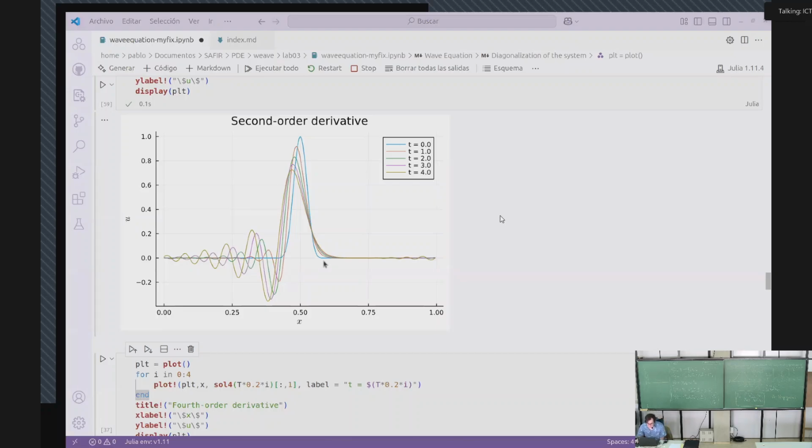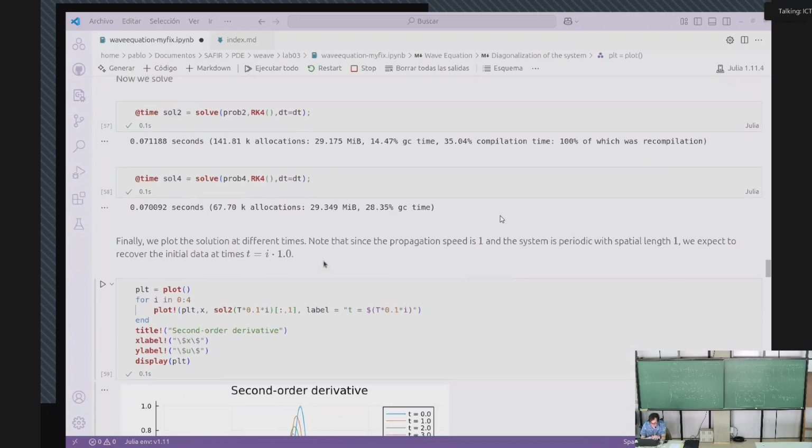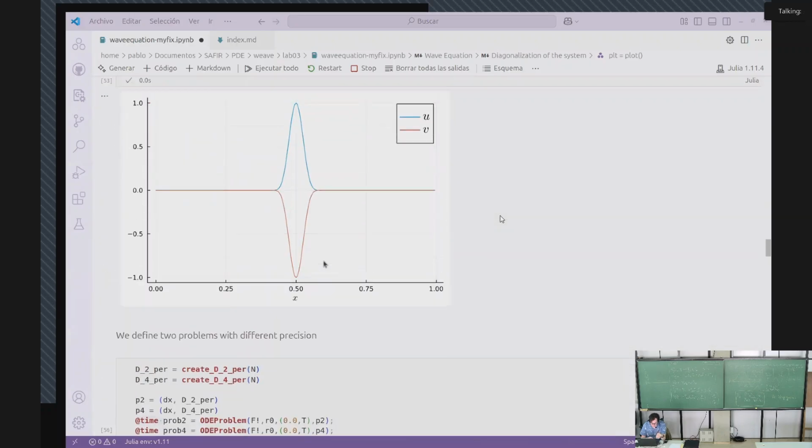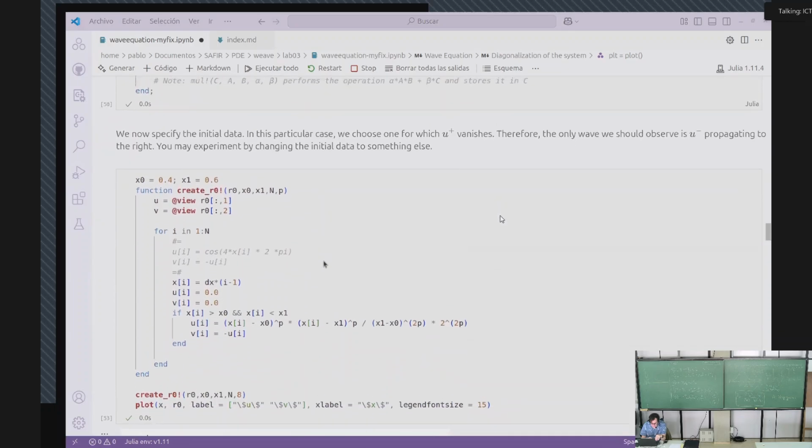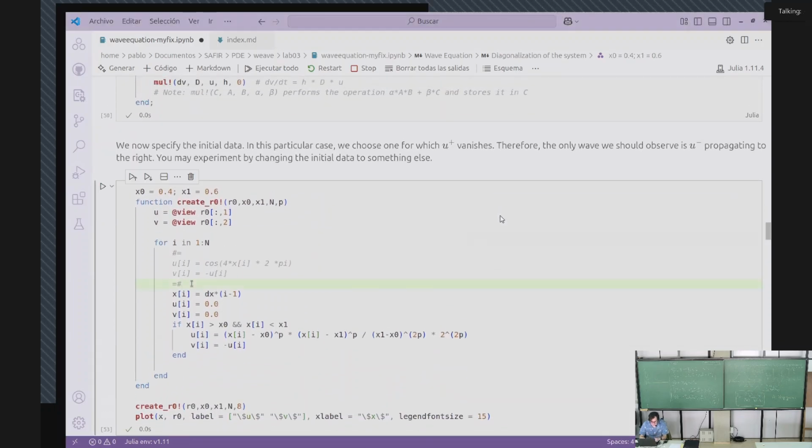What's going on here is an issue with the dispersion relationship. So let us go a bit back and try to solve a different problem where we have some sine, in this case some cosine.